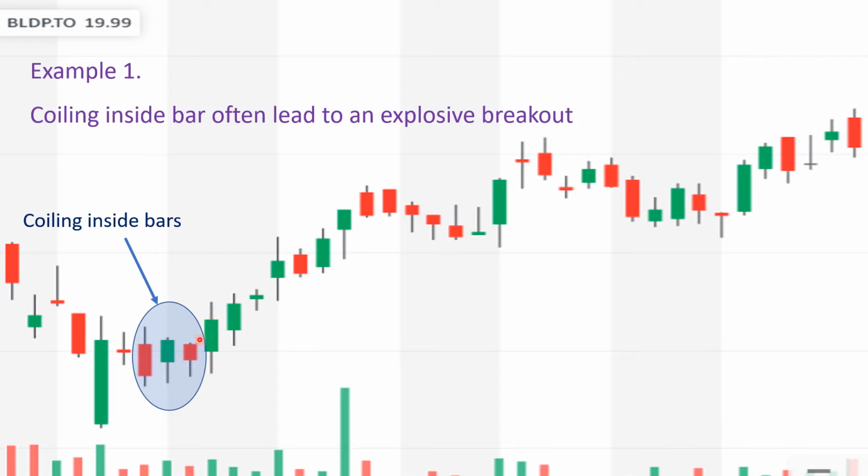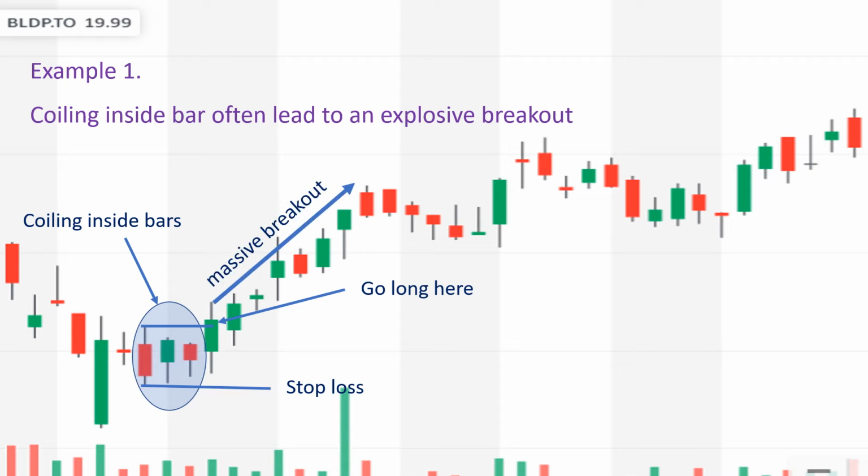So as soon as this bullish candle passes the high of the mother bar, you can enter the trade right here, or go long here, and put your stop loss 1 or 2 ATR maybe below the low of the mother bar. After this, you see the trend is trending higher and higher, so you have a massive breakout. This is the correct way to enter the trade using the quelling inside bar.